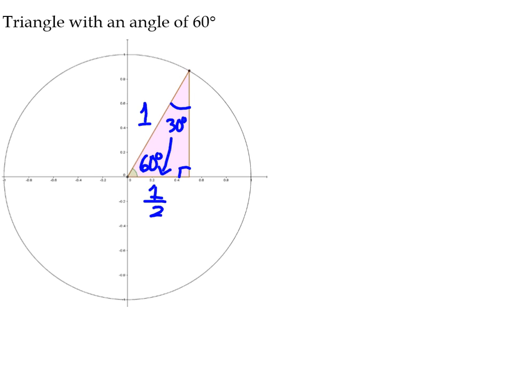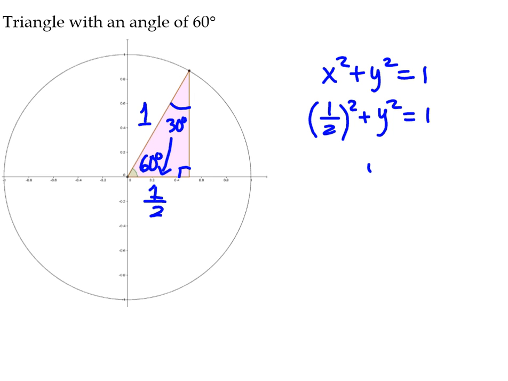And so you could start again, if you want, using x squared plus y squared is equal to 1. But we already did that earlier with the 30 degrees, so it's going to come back to the same thing. Your y is going to be equal to square root of 3 over 2. So for this one, the point will be 1/2, square root of 3 over 2.